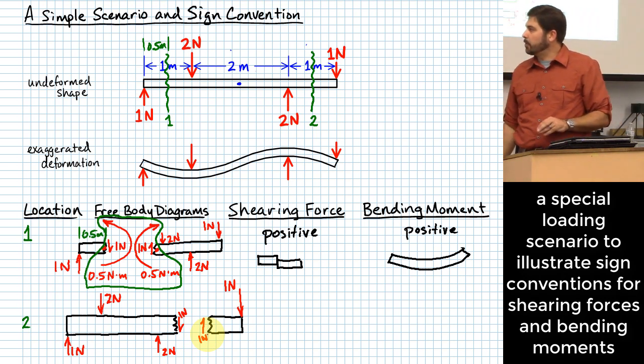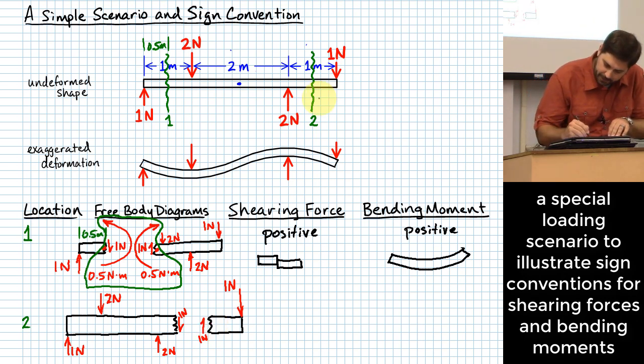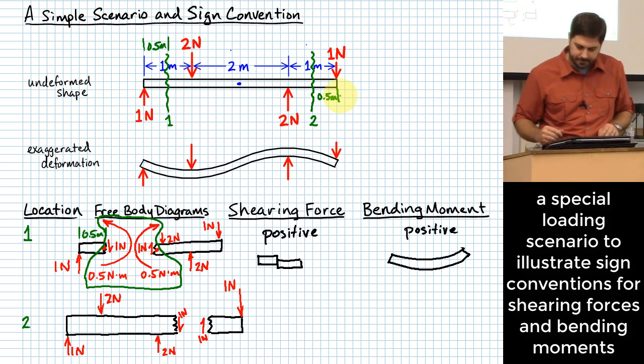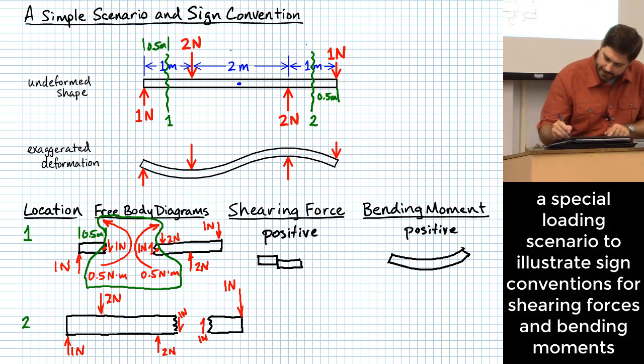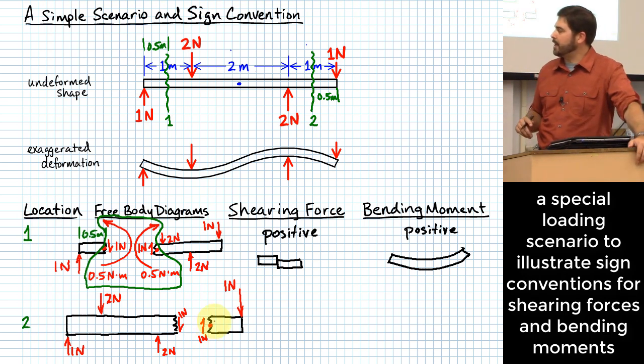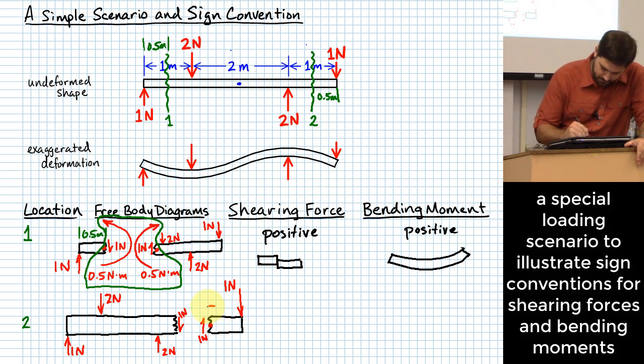Now what about my bending moment? I didn't write it over here, but let's say this is again 0.5 meters away from the right end. What direction does my bending moment have to happen on the right piece to keep that in equilibrium? Would it be this way?